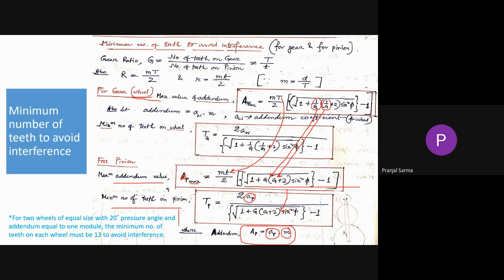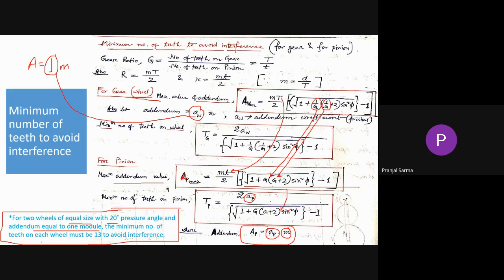Sometimes this question is directly asked in some competitive exams, so you just have to remember that. For two wheels of equal size with 20-degree pressure angle and whose addendum is equal to one module, the addendum itself is equal to one module. One module means what is the multiplying factor with m? This is 1, so this addendum coefficient is 1.